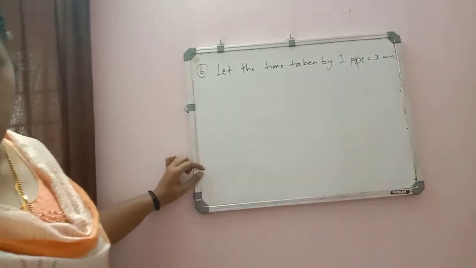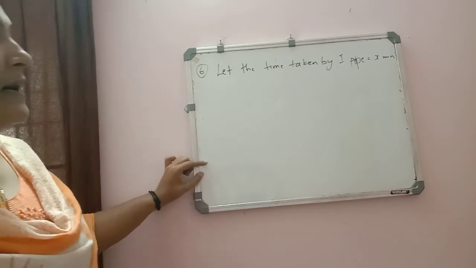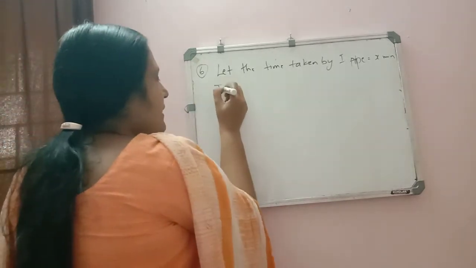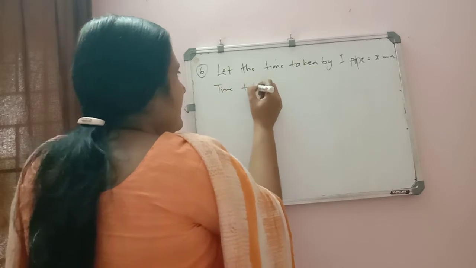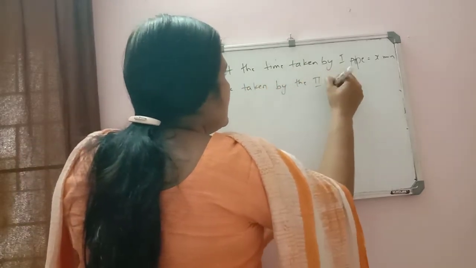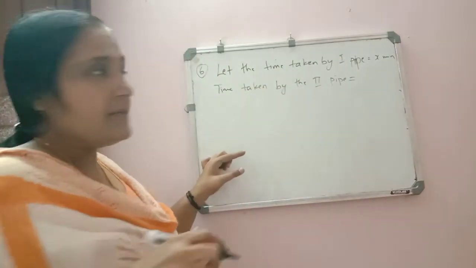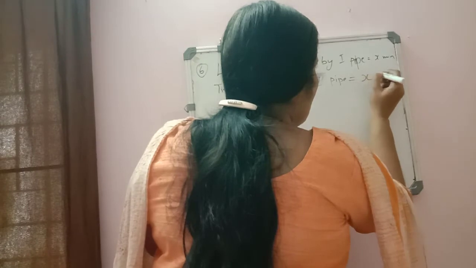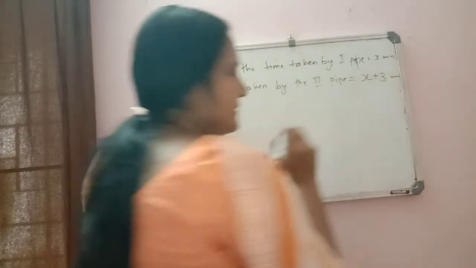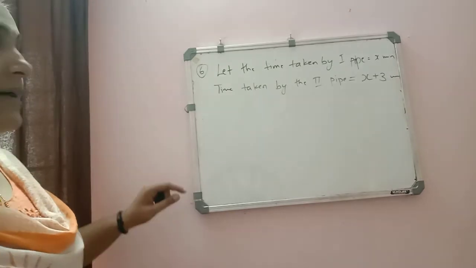And in the question given there, if one pipe takes 3 minutes more than the other, so we'll write time taken by the second pipe is equal to, it takes 3 minutes more, so it will be equal to x plus 3 minutes.